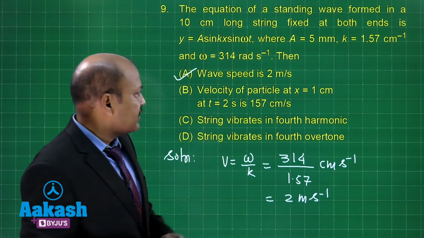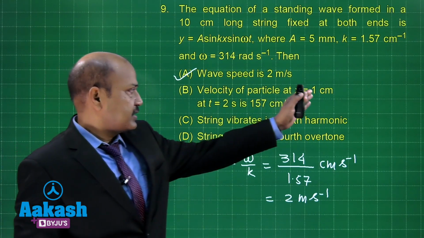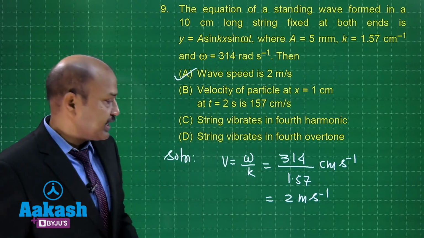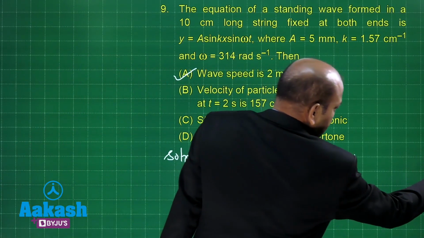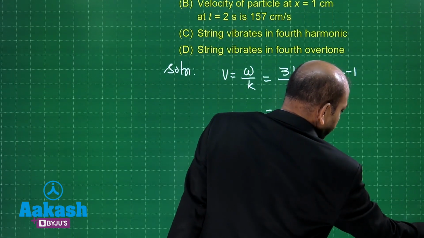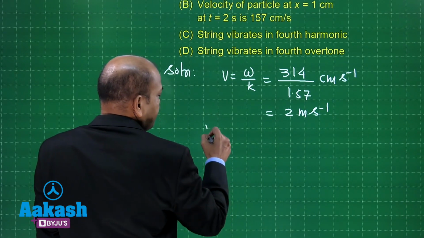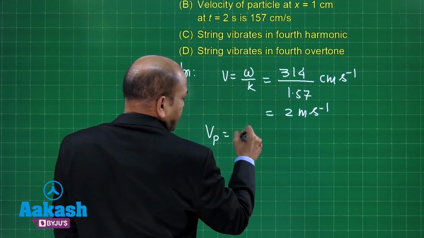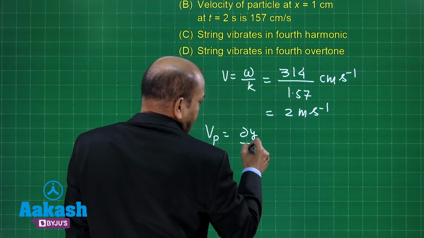Let us now evaluate the velocity of the particle at this value of x and this value of time. So, the expression for the particle velocity Vp is del y by del t.